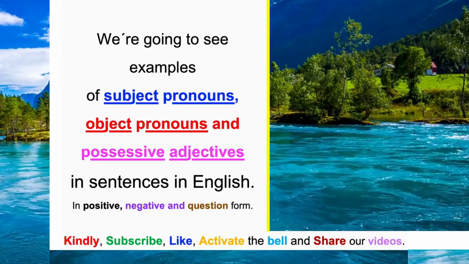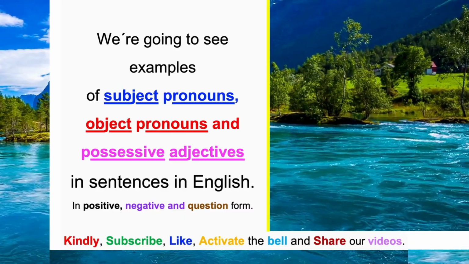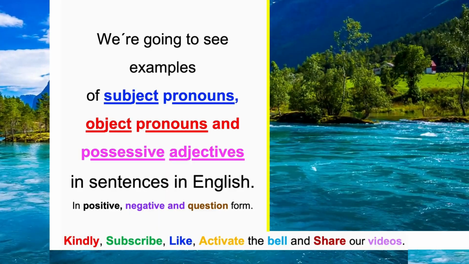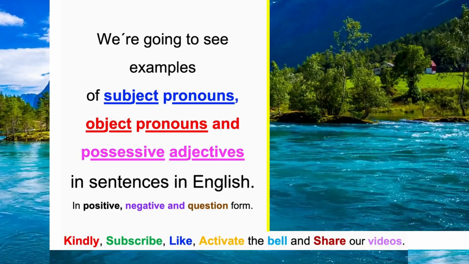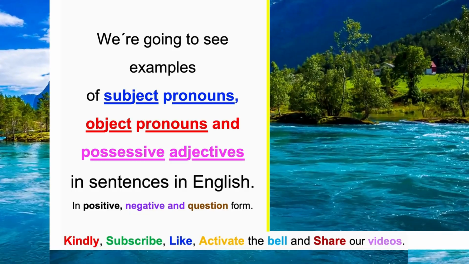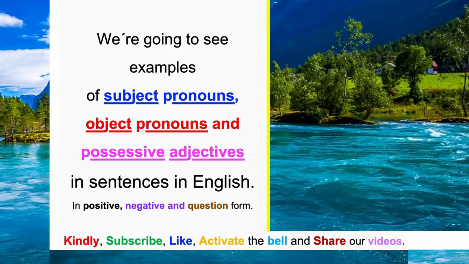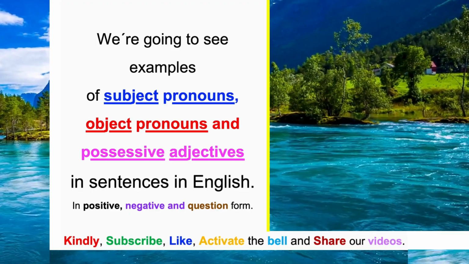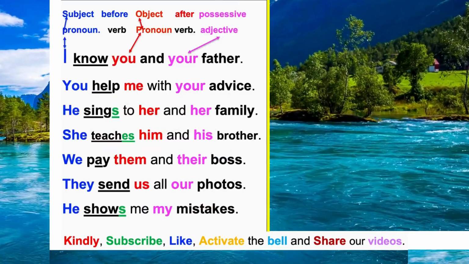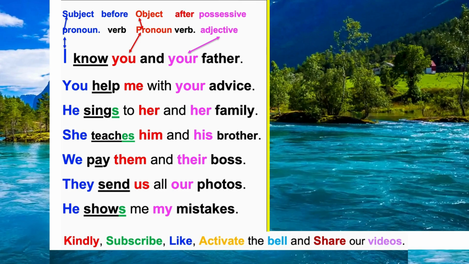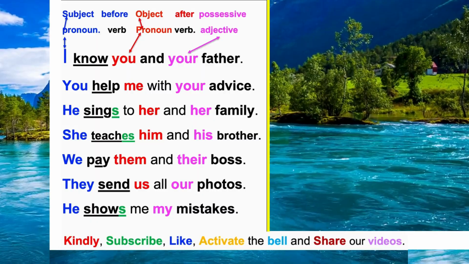We're going to see examples of subject pronouns, object pronouns, and possessive adjectives in sentences in English, in positive, negative, and question form. So we are going to see all of them in one sentence, in many sentences, but in one sentence. Let's see the first example. I know you and your father.